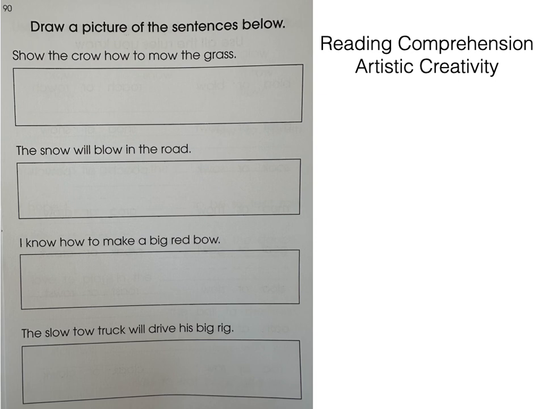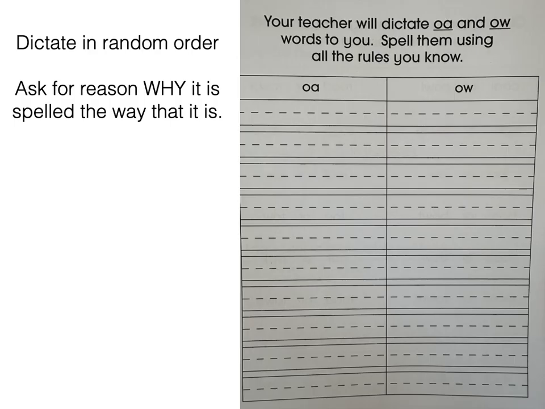Also in Phonics Fixer, you will see that there is a place for students to practice reading a sentence. Can they comprehend the sentence? And then can they use their artistic ability and creativity to illustrate that sentence?